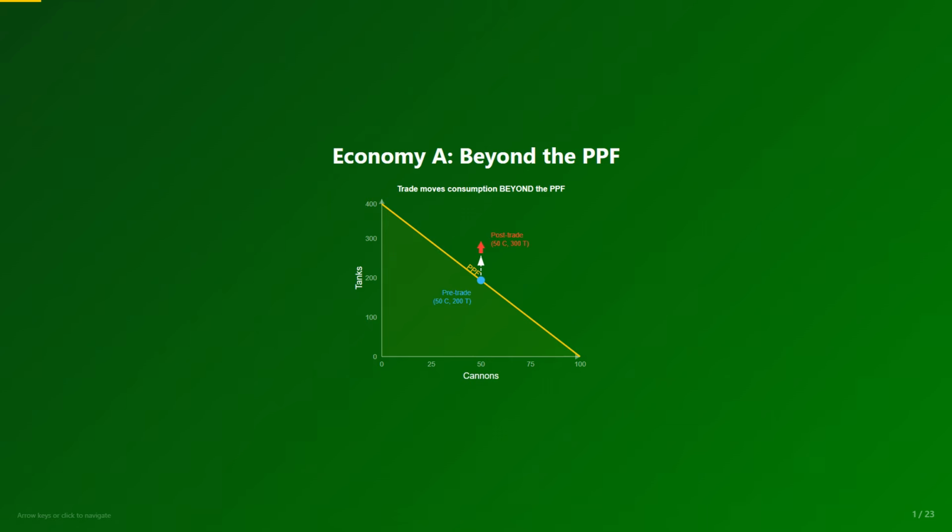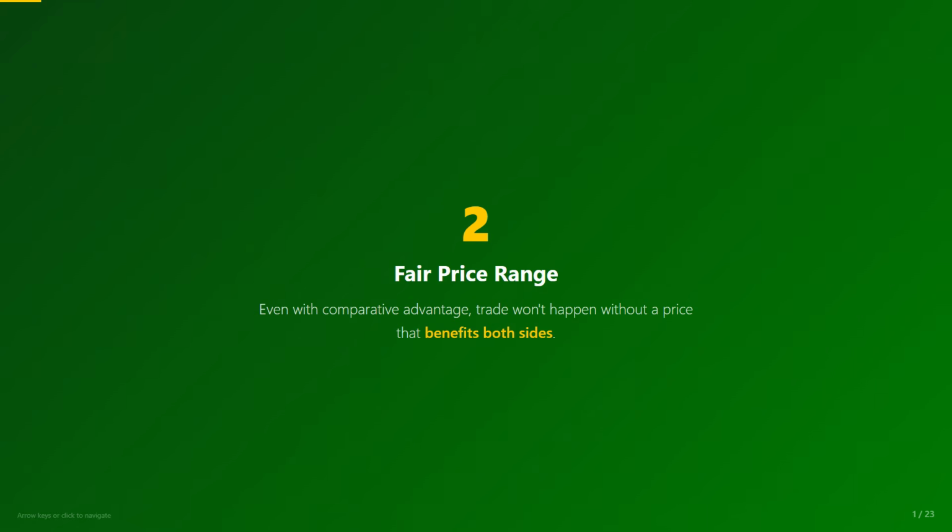Now let's move to the second condition, a fair price range. Without a fair price, even if there is a comparative advantage, trade will not occur. The idea is simple: the price must be good for both economies, such that neither side exploits the other. How do we determine the fair price range? We look at the opportunity costs in both economies.